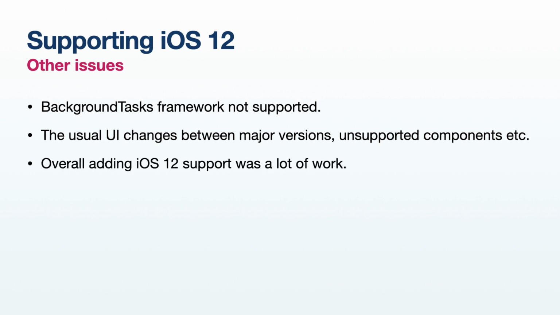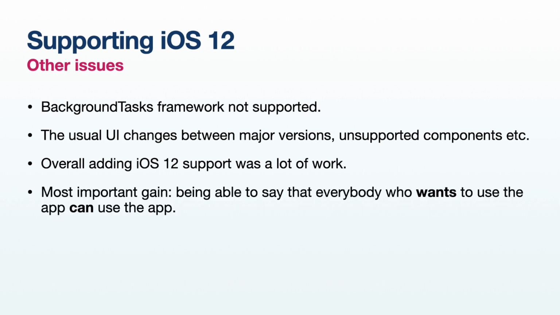But overall, including especially that Combine switch over to RxSwift, it was quite a bit of work for a month or so. But we gained something very important from that, not just the technical ability to install the app on iOS 12, but also the PR opportunity to say that most people, or pretty much everybody who wants to use the application right now, can use it, which is very valuable for just a reachability perspective.